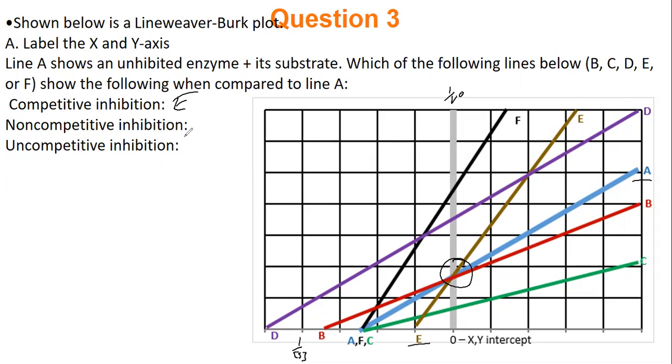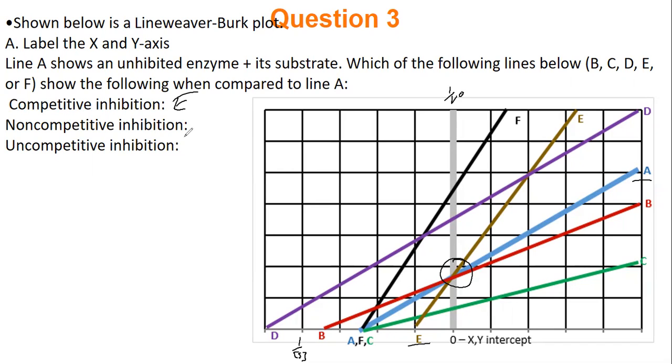All right, next is our non-competitive inhibition. So non-competitive inhibition is that Vmax and Km will change. Vmax will go lower. So if something is going lower on a reciprocal plot, that means it's going further away from 0. It's really weird to think about reciprocal. It's just opposite.